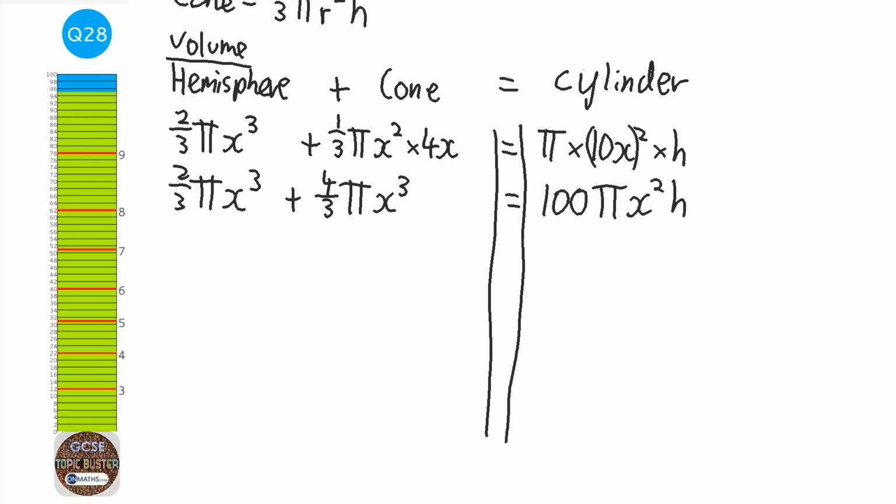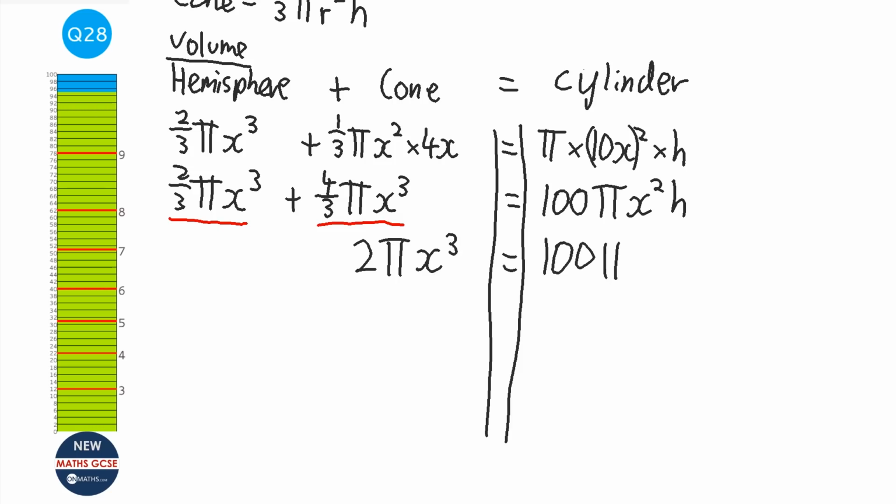Now, if you notice on the left-hand side, these two here are the same. There's both pi x cubed. So we can just add them together. So it's going to be 2/3 plus 4/3. So that's going to be 6/3, or just 2. So it's going to be 2 pi x cubed equals 100 pi x squared h.